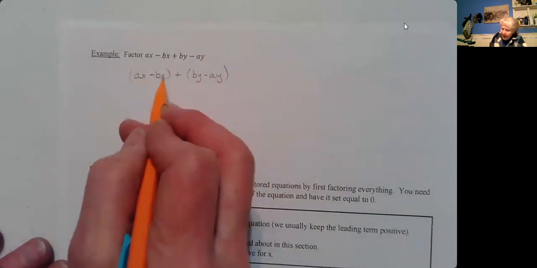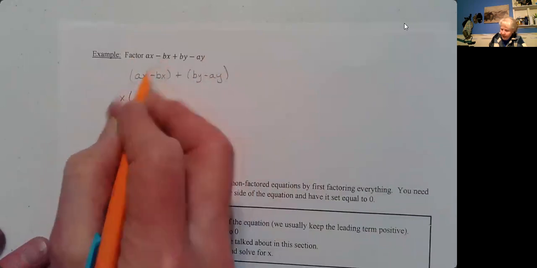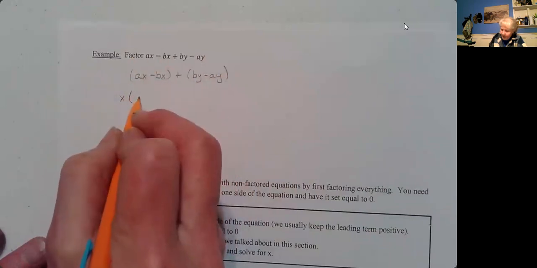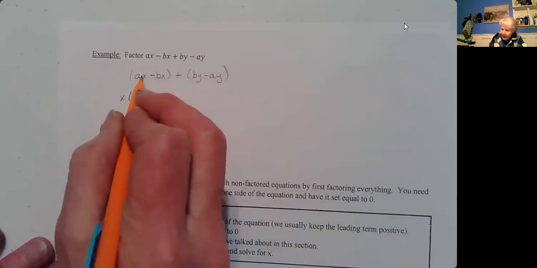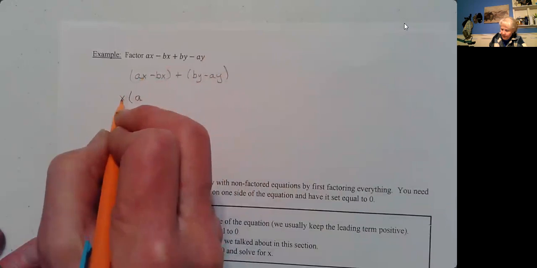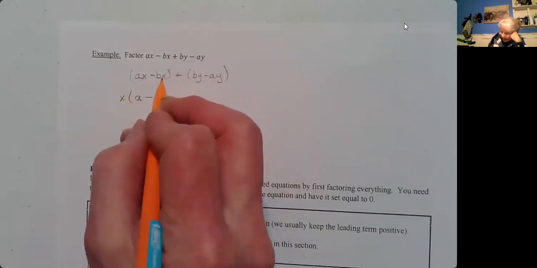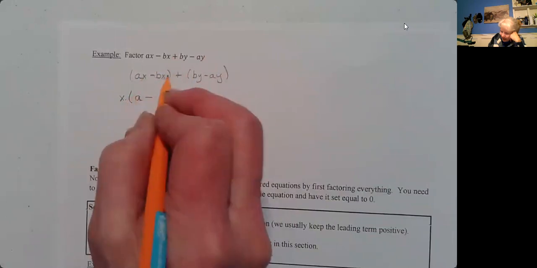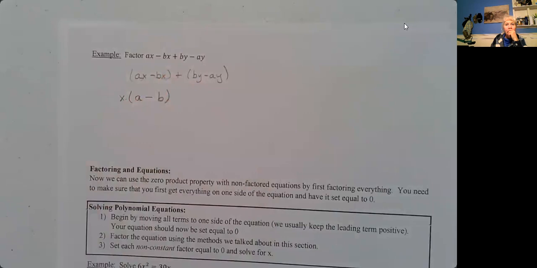So let's factor out an x. That's what's in common. And that leaves us with an a. x times a is ax. If you divide these, the x's cancel. Minus, let's see, we take bx divided by x, the x's cancel. We get this. Okay.